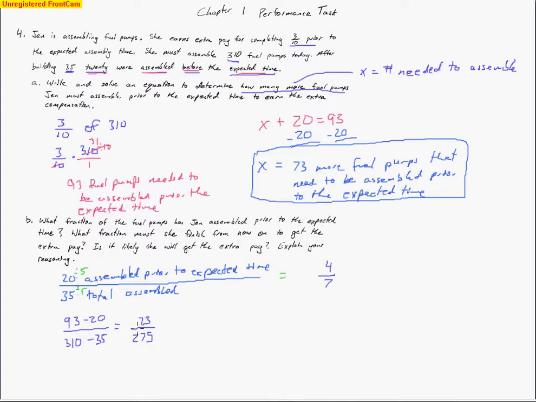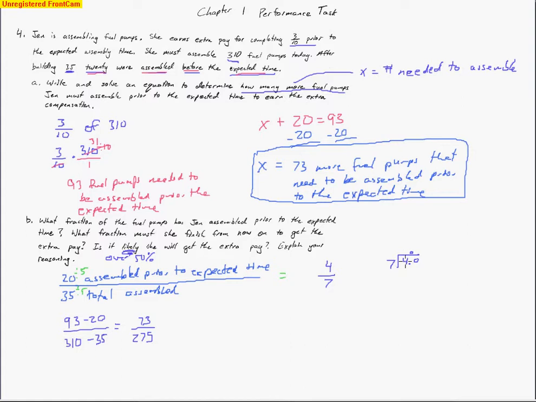And so what they ask next is, is it likely? Well, likely means over 50%. So over 1/2. Is it likely she will get the extra pay? Explain your reasoning. What I would do is check the decimal form of this, and then change it to a percent to better understand the number.